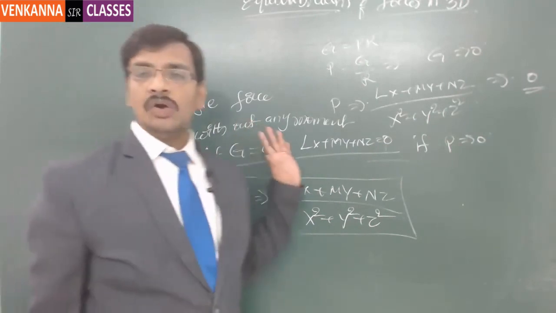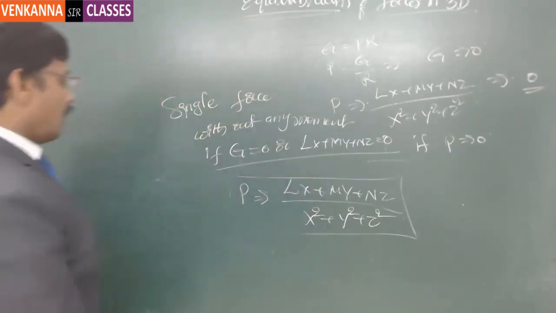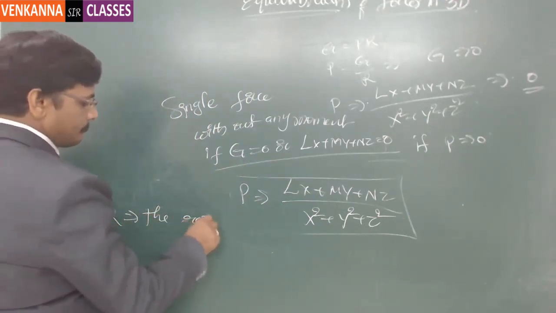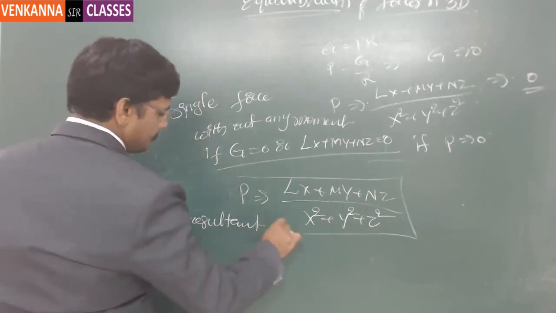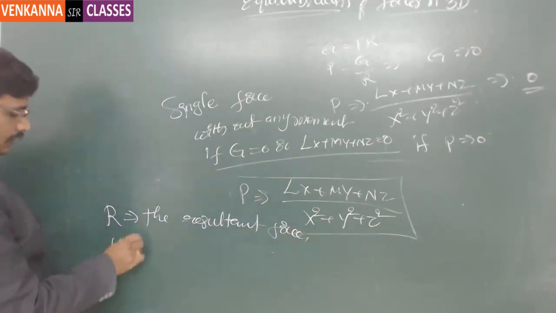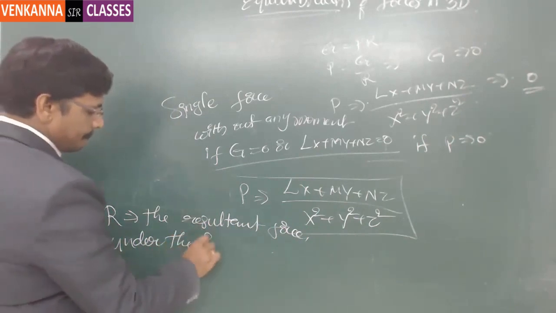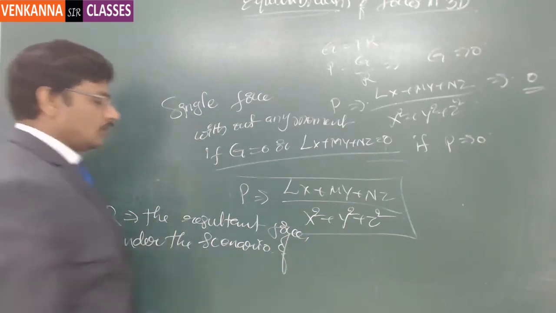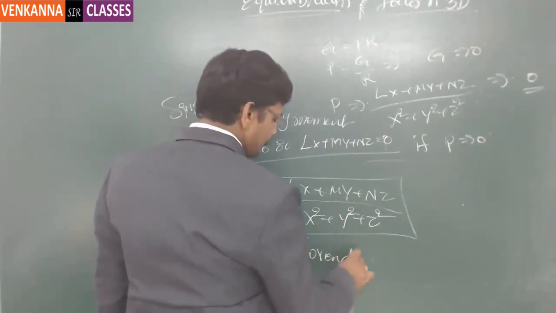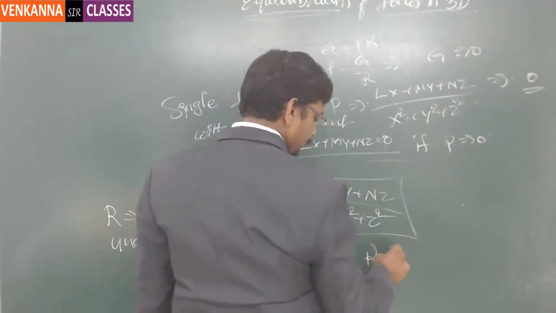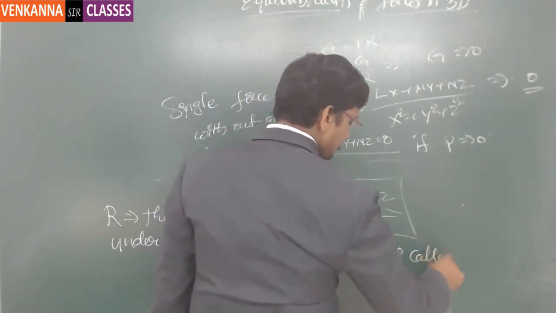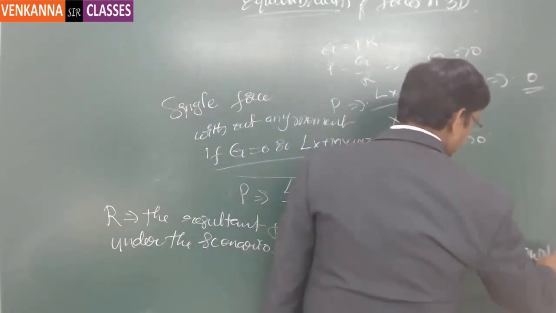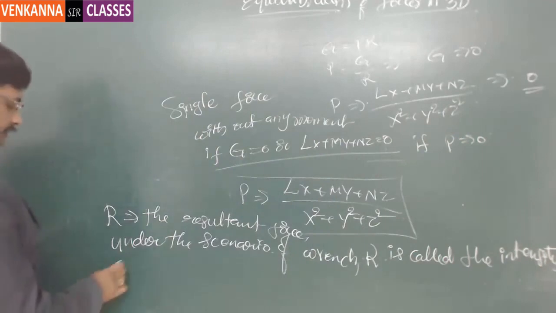Under the scenario of the wrench, R is nothing but the resultant force. R is called the intensity of the wrench.